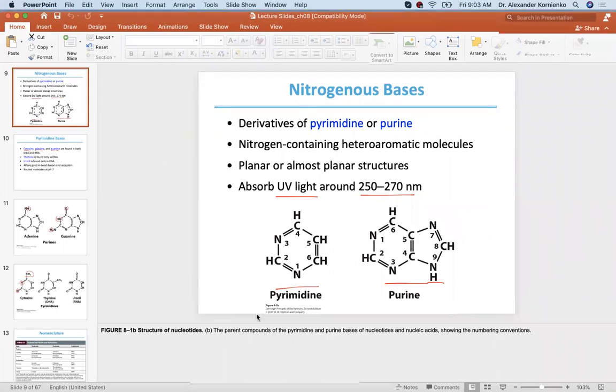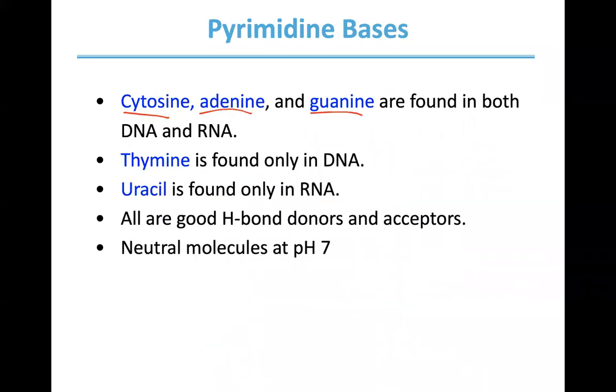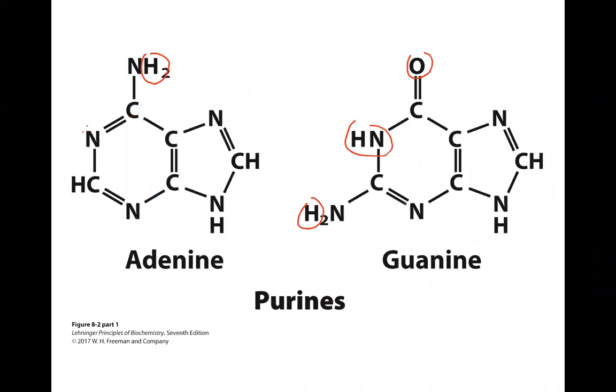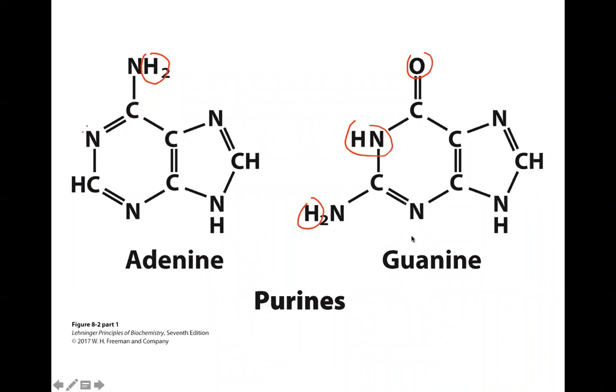Okay, so for the screen share, last time we finished by talking about nitrogenous bases, right? So we talked about pyrimidines and purines, and there are 5 bases total. There are 2 purines, adenine and guanine.